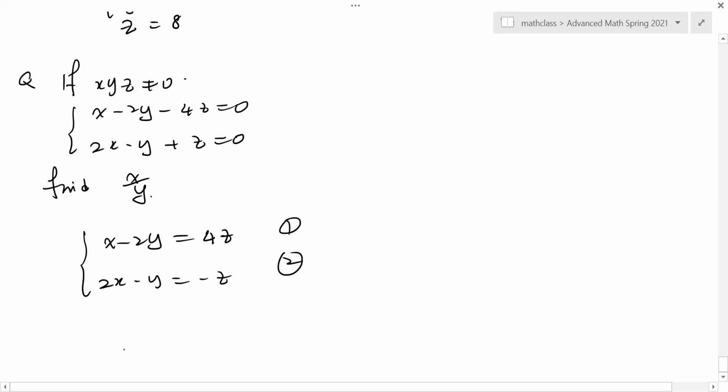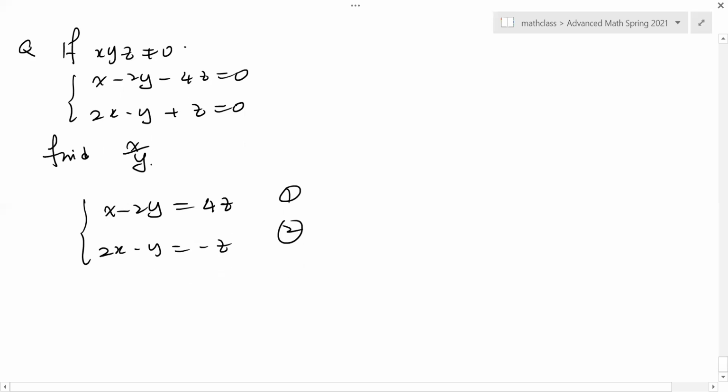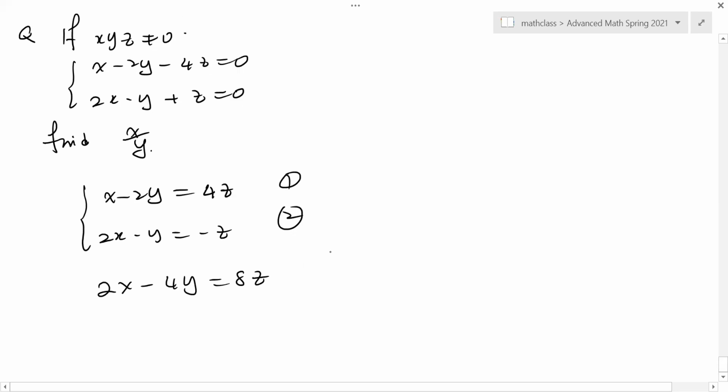Can you use the elimination method or the substitution method? You cannot add them together quickly. If you want to use the elimination method, you can multiply the first equation by 2. So 2x minus 4y equals 8z, which comes from equation 1 times 2.